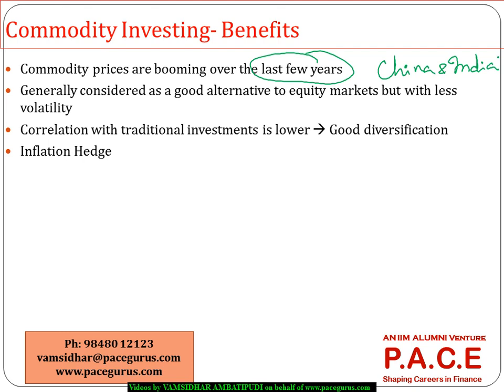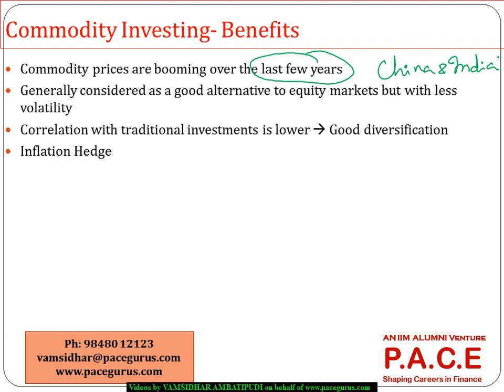The correlation they have with traditional instruments is also very low, and the lesser the correlation with a particular class of assets, the better the diversification advantage. So from a risk reduction or portfolio diversification perspective also, commodities give a good benefit to investors.